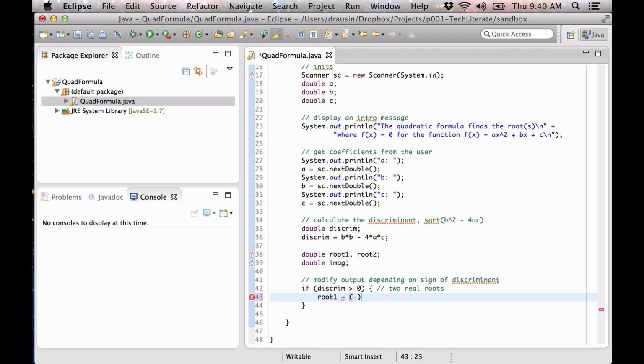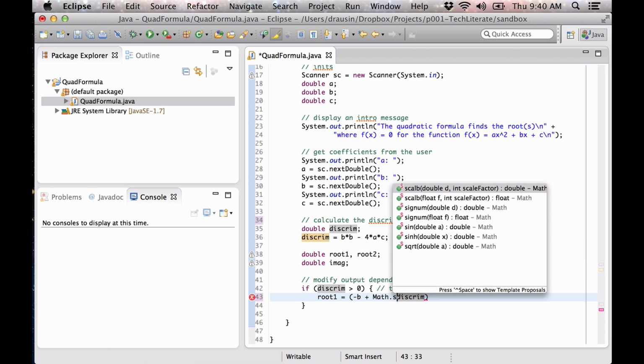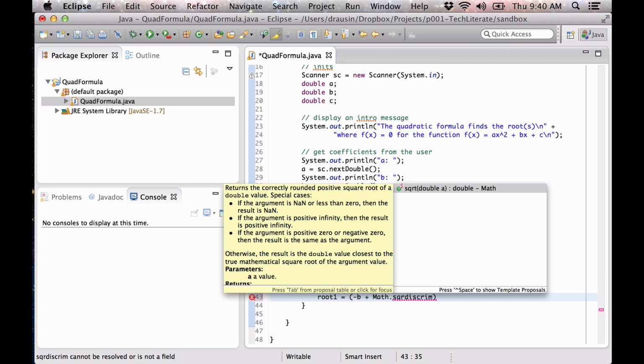So we're going to do negative b plus the discriminant. Actually, right, the discriminant is b squared minus 4ac. It's not the square root of that. So we're going to do the square root, Math.sqrt.